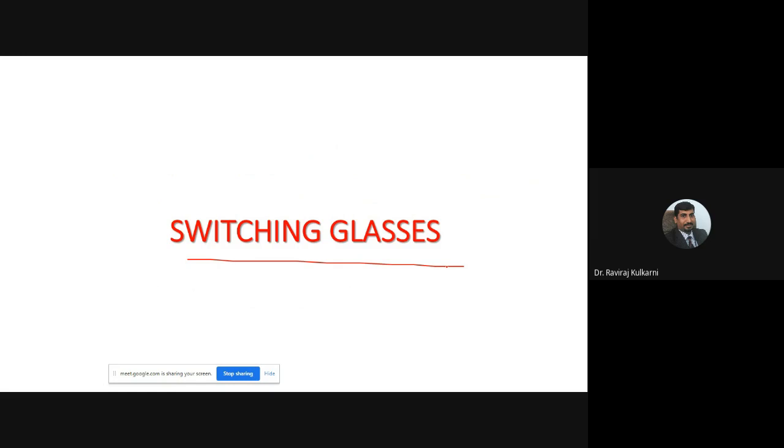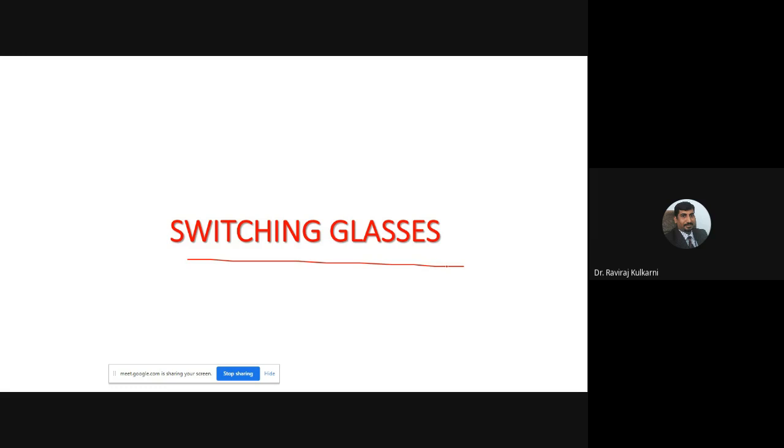Whenever you don't want light, you make it tinted, colored glass, so that less light enters the room or the building. This technology is known as switching glasses, and there are various methods of making these switching glasses, or chromic glasses we say.